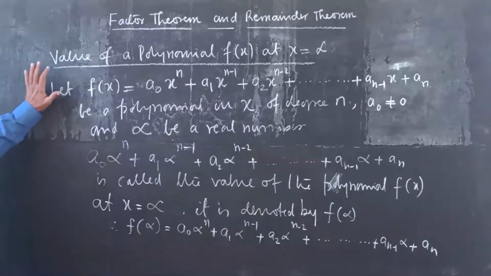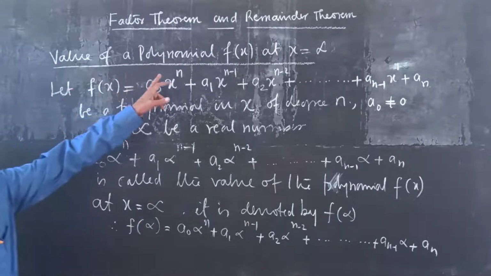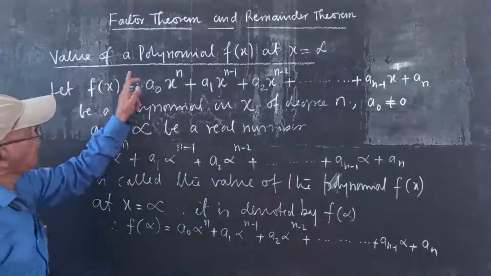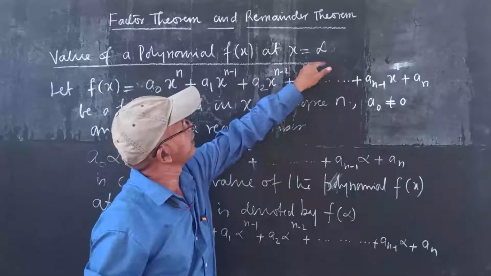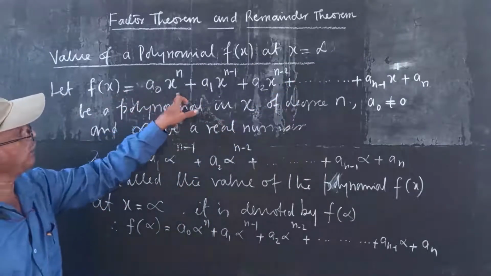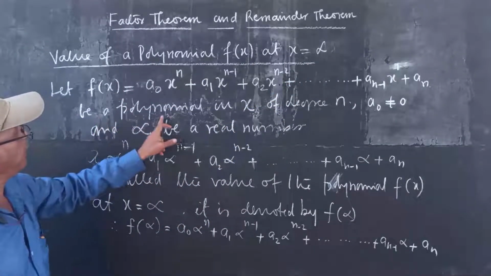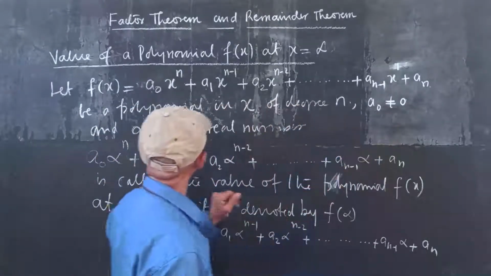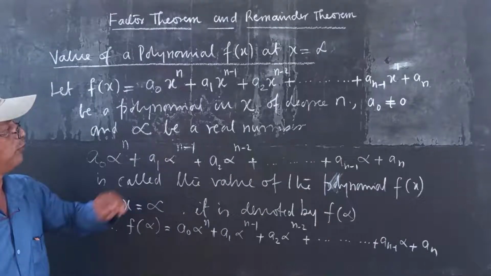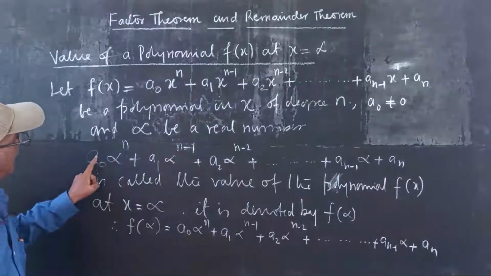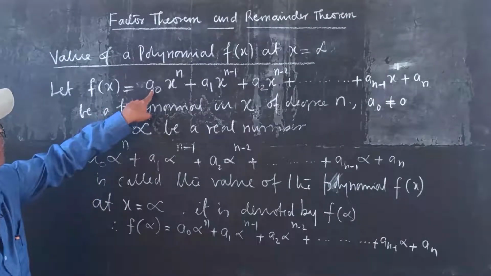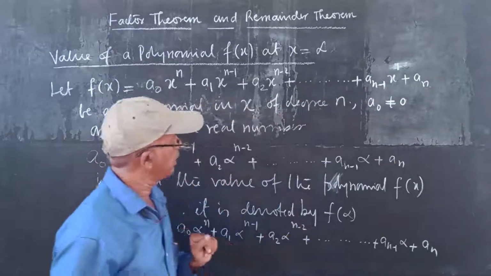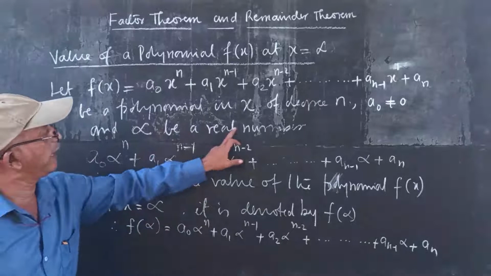Now, the value of a polynomial f(x) at x is equal to alpha. Value at what point? That is important. Consider f(x) a polynomial in x of degree n with a naught not equal to 0, and alpha a real number. From the definition we have understood that a naught, a1, a2, an minus 1, an are real numbers, and alpha is also a real number.